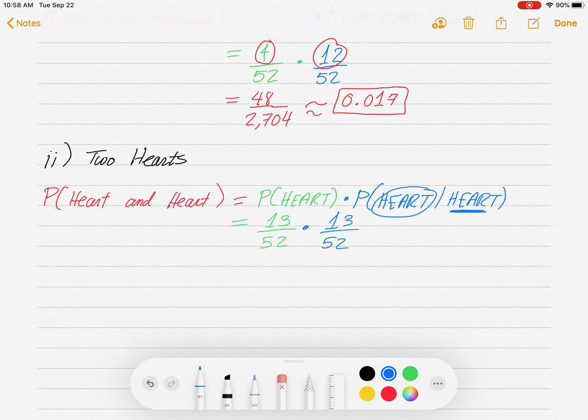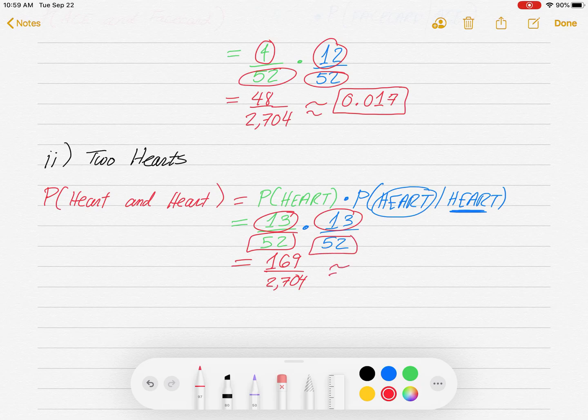Basically, we get 13 times 13, which is 169, divided by 52 times 52. We already said 52 times 52 was 2,704. It's 169 divided by 2,704.